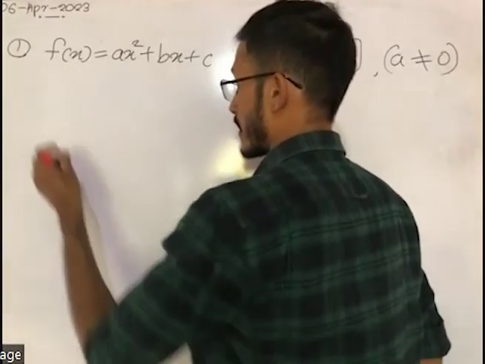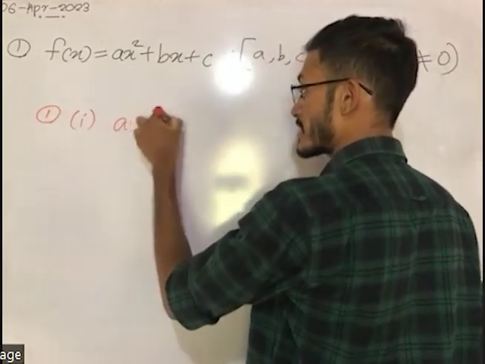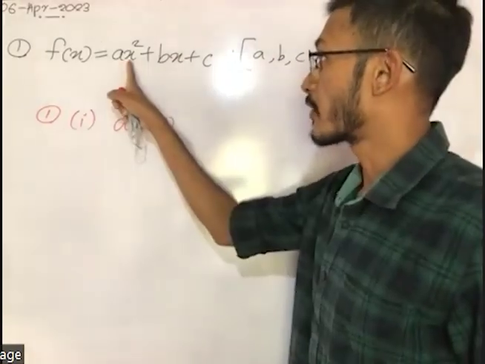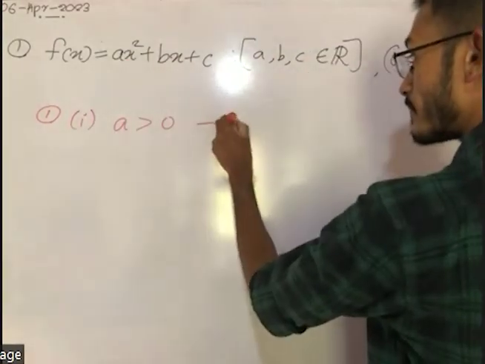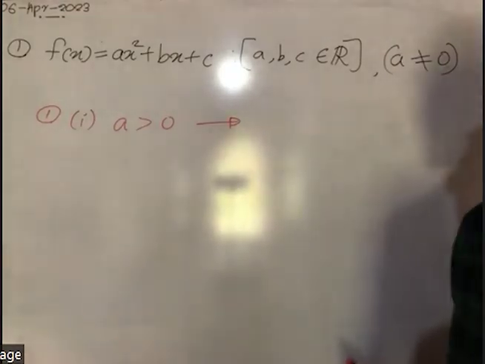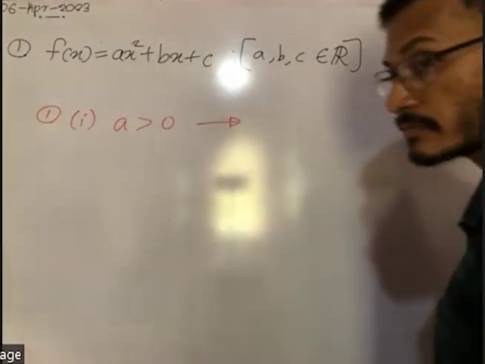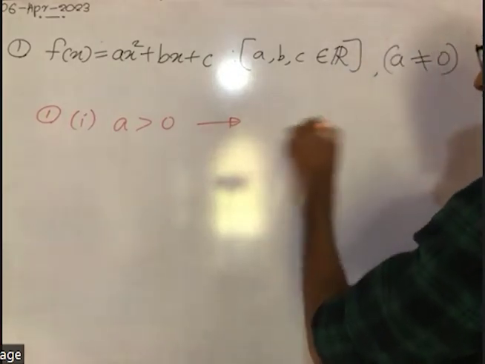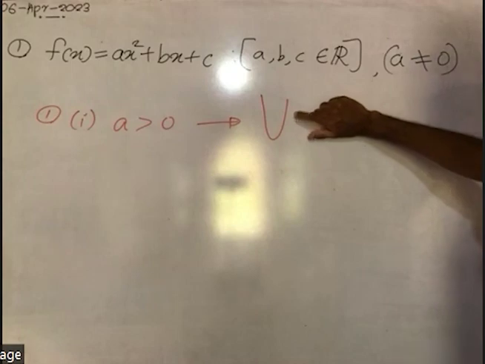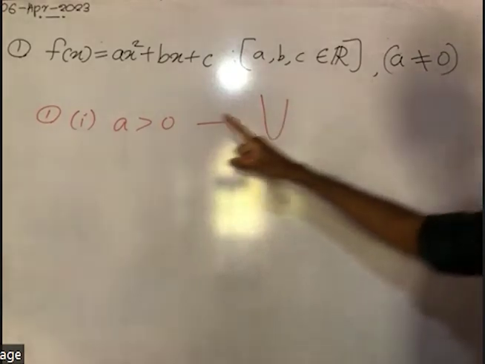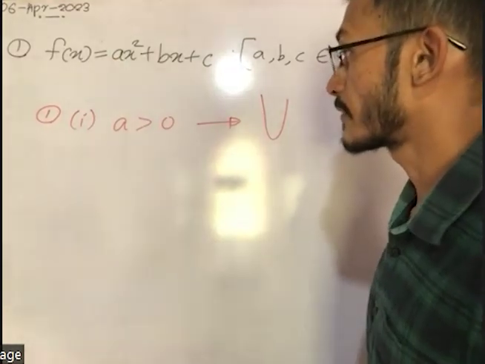So if a is greater than 0, that means the coefficient of the x squared term is a positive number, then we will have a minimum value. So the shape of the quadratic function is this, right? When the coefficient of x squared is greater than 0, right?